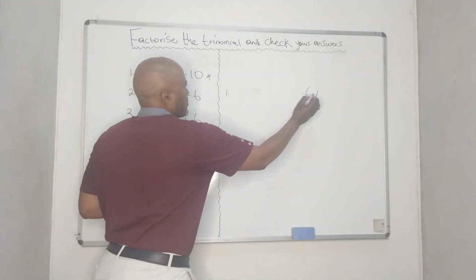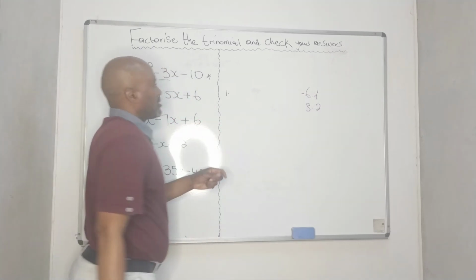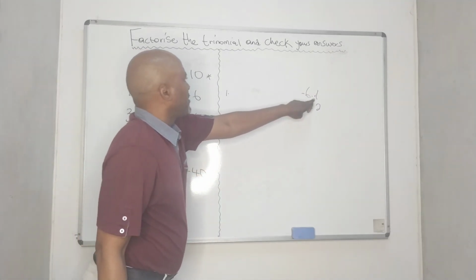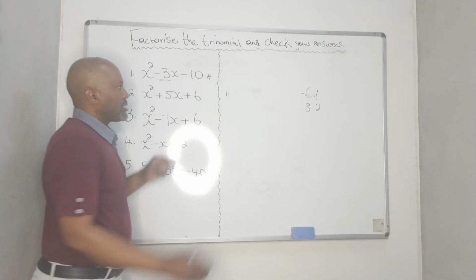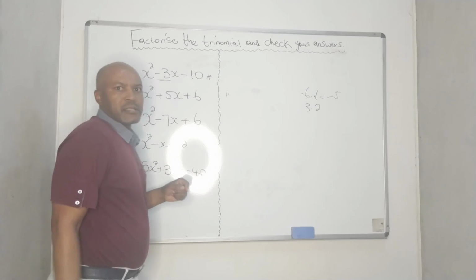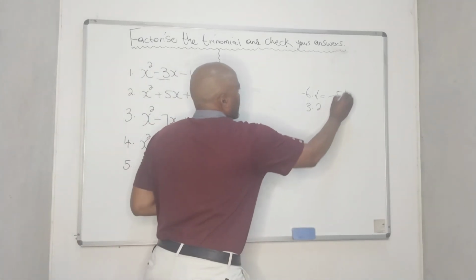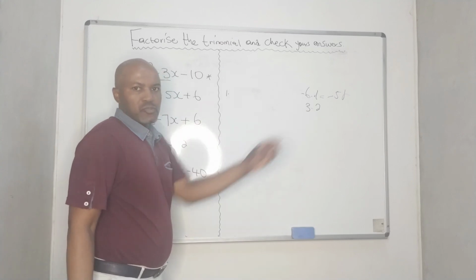If we put negative here, then we put positive here, we will never get positive 5. The answer here will be negative 5. Therefore, those factors here are wrong. Let's check those ones.